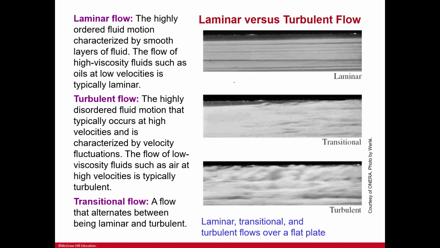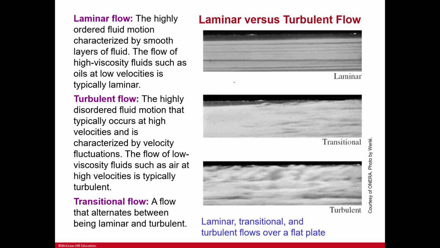If you're pouring out molasses at a very low velocity, it will be so slow, but there's a lot of friction. It's a very thick material and it will flow so smoothly. It will look uniform, right? It's almost like a paste.